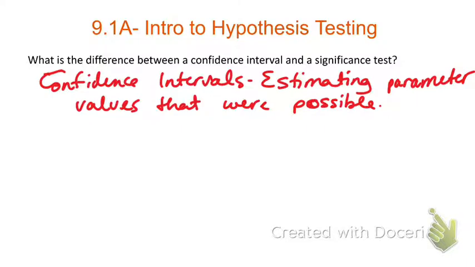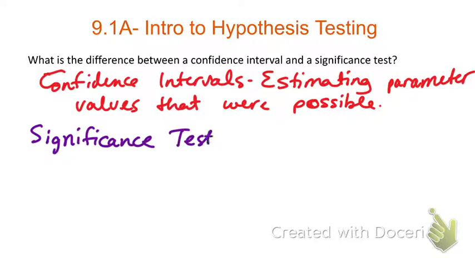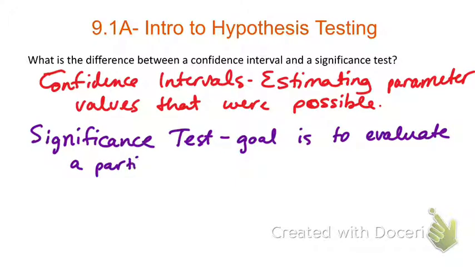Okay. So these are called significance tests. They're also called hypothesis tests. They're interchangeable words there. So with these significance tests, the goal is to evaluate a particular claimed value.